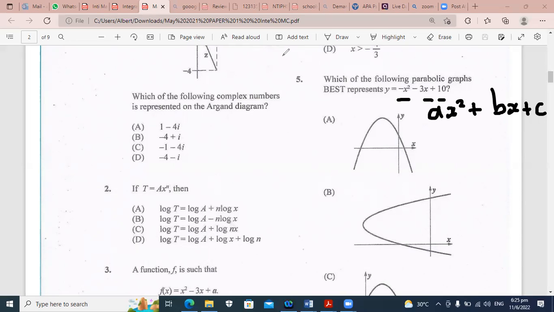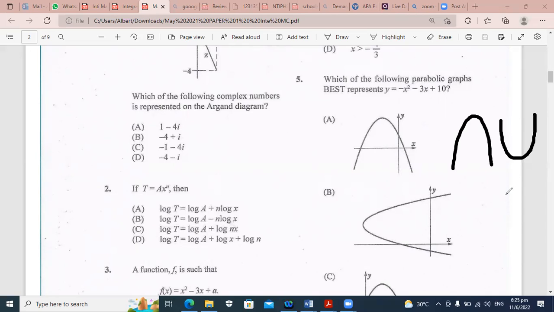Now, whenever you draw a quadratic expression on a graph, you always get a curve. Either it's a maximum curve or a minimum curve. I don't know if your grade 11 maths teacher would have taught you this: when a is positive, we get a minimum curve.